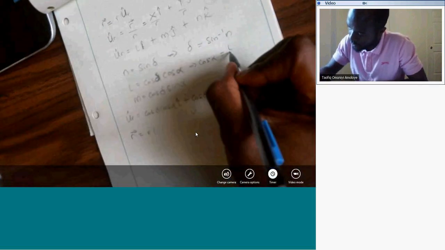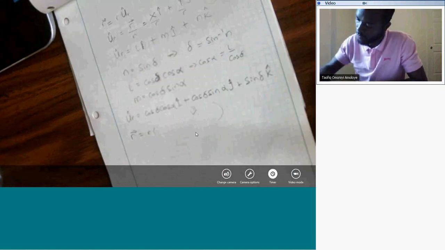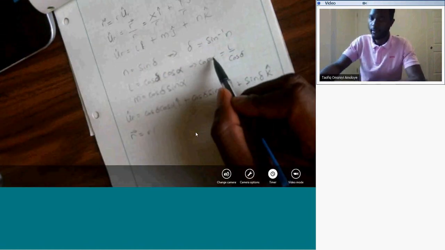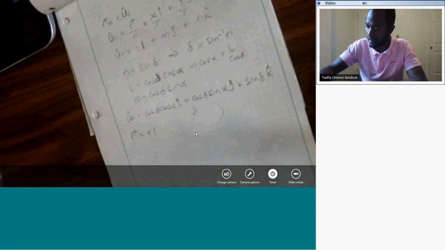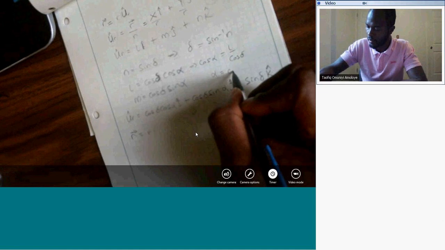And then cos alpha is L over cos delta. We can find the right ascension from there. That is, the right ascension alpha equals arc cos of L over cos delta.